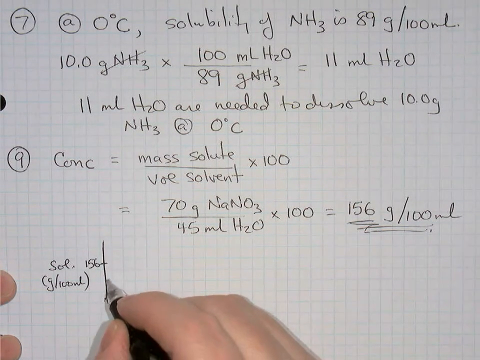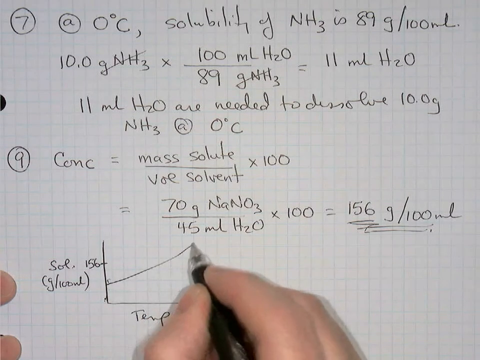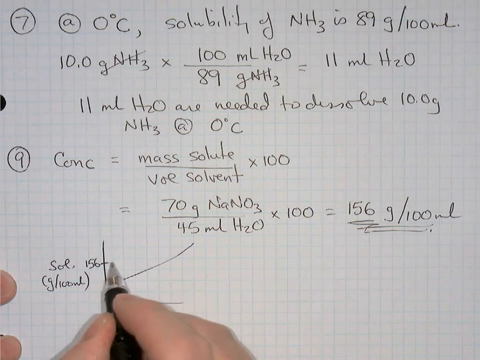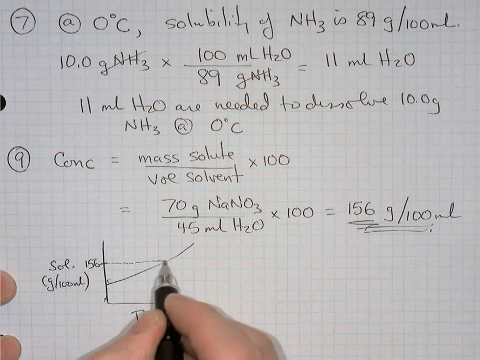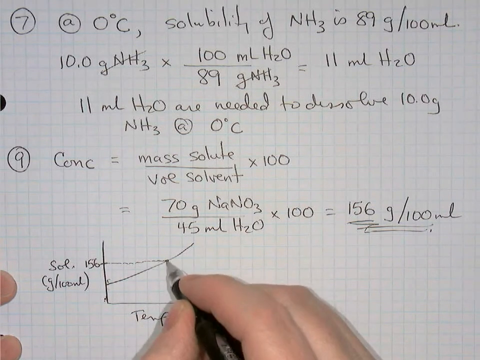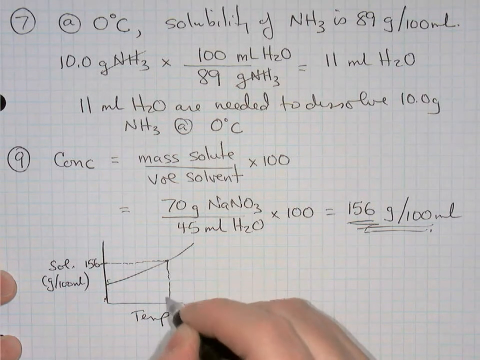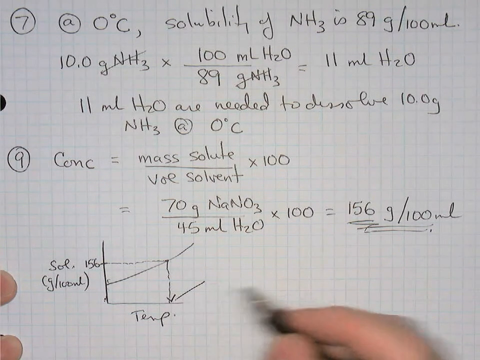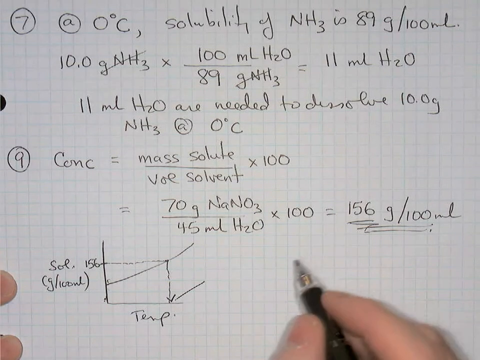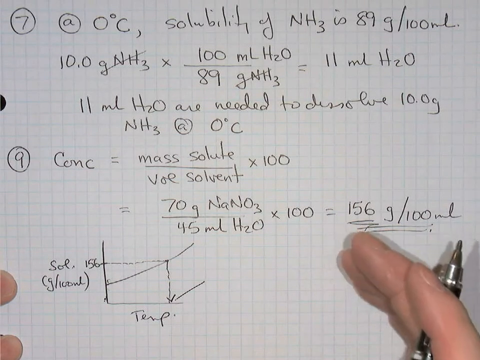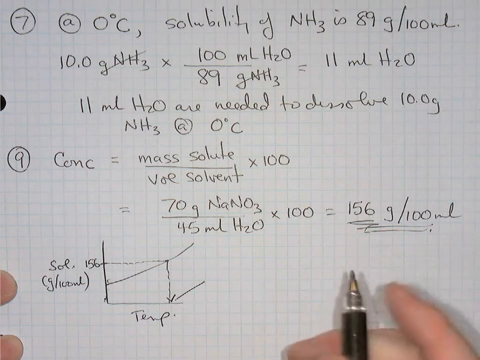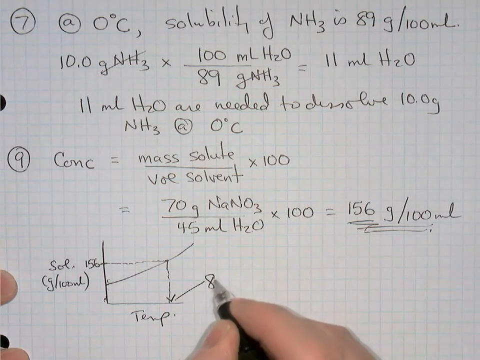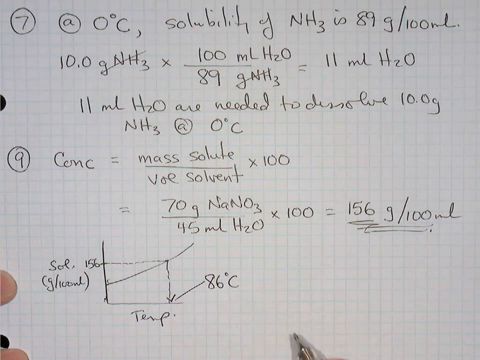Our graph for sodium nitrate looks something like that. And so we're going straight over to the graph, boom, and then straight down to the temperature axis, boom, and we're looking at what that temperature is. That temperature, again, that we just saw was about 85, 86, 87, somewhere in that range. I'm going to say about 86 degrees Celsius.